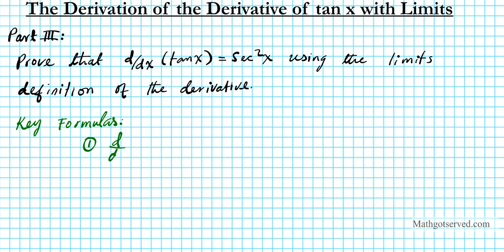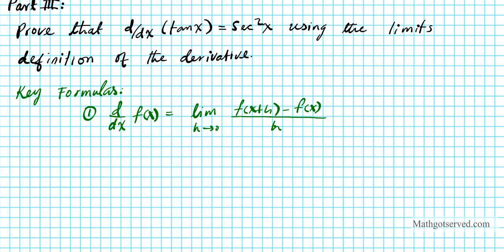The derivative of a function is the limit as h approaches 0 of f of x plus h minus f of x, over h. So there goes the limit definition of the derivative.